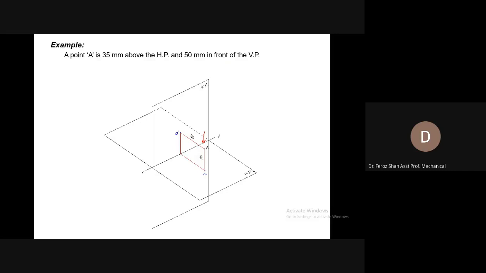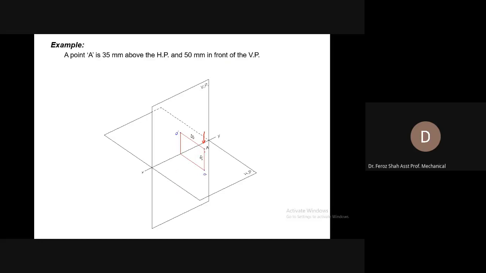So you have to rotate this horizontal plane about 90 degrees. So the same 50 distance will be rotated, or you can say that the top view will come 50 millimeter below the XY reference.